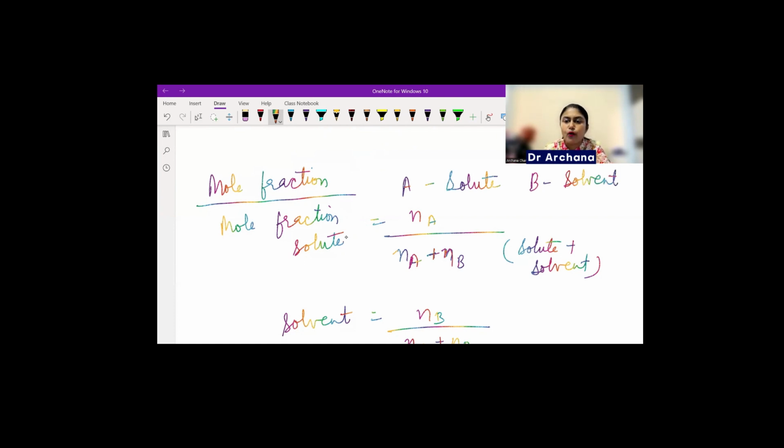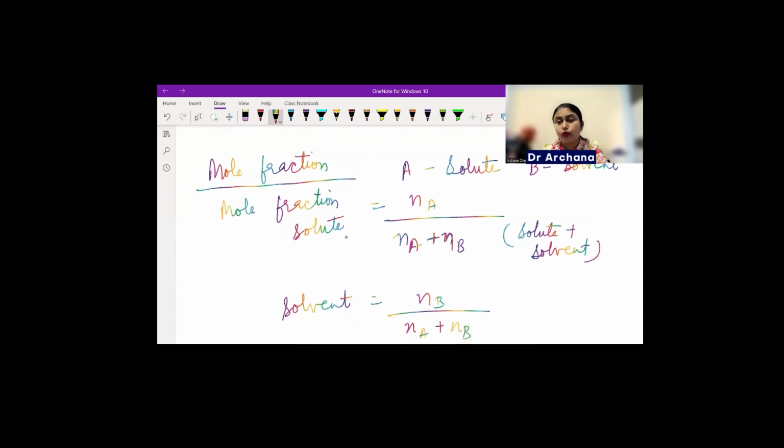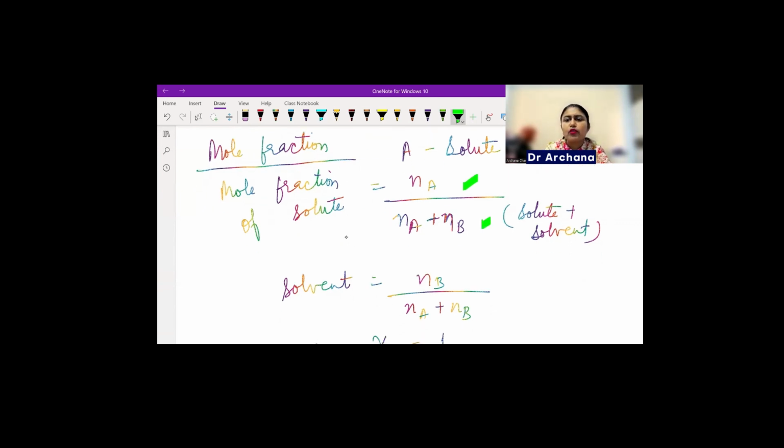The number of moles of A is denoted as Na, and the number of moles of B is denoted as Nb, that is the moles of solvent. So the mole fraction of solute, if you want to find out, will be equal to Na upon Na plus Nb, that is, number of moles of solute upon number of moles of solute plus number of moles of solvent.